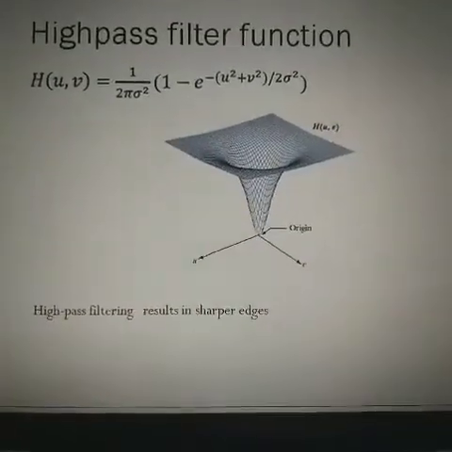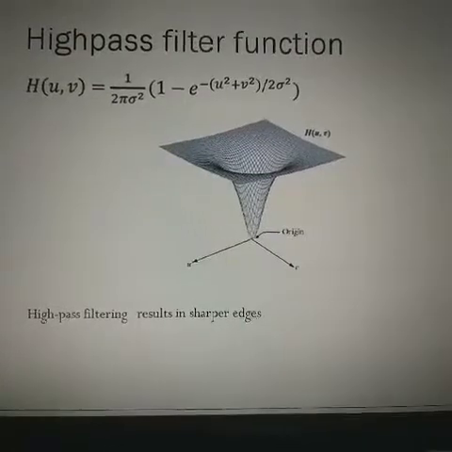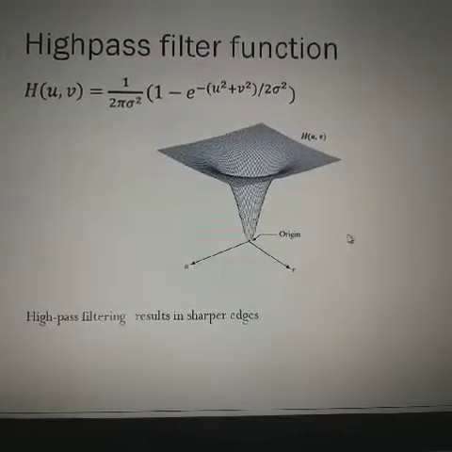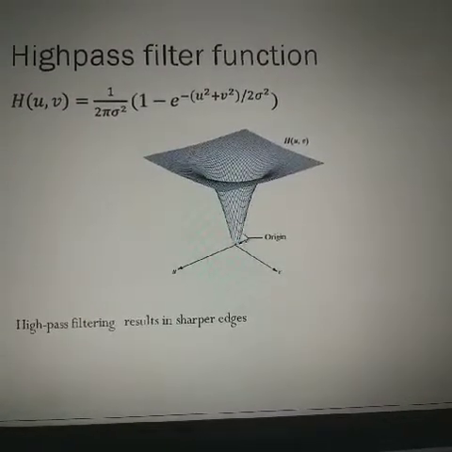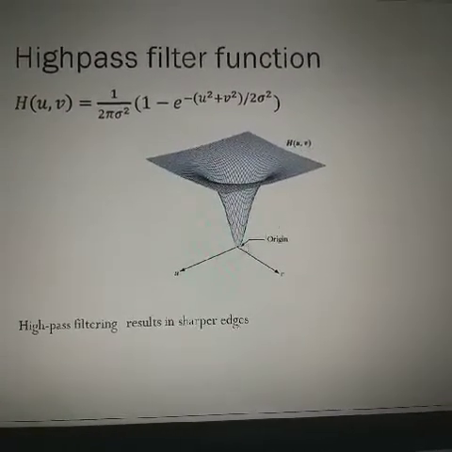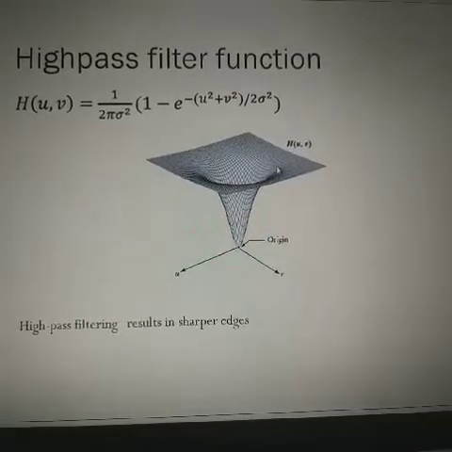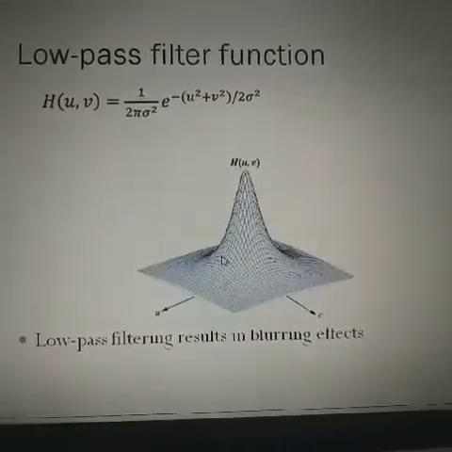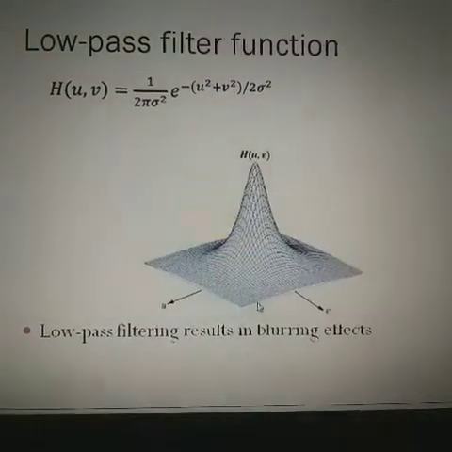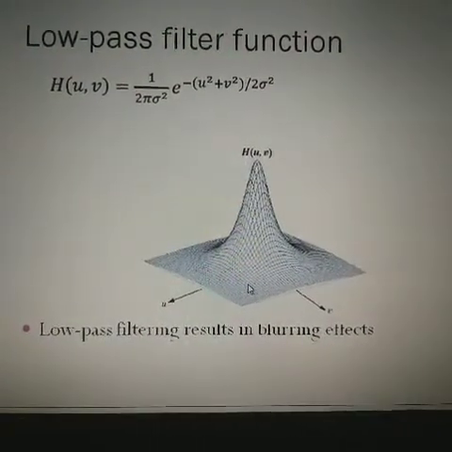And this is the simple visualization of the high pass filter. The filtered values are away from the origin. So we have the high frequencies here, and here we have the low frequencies.